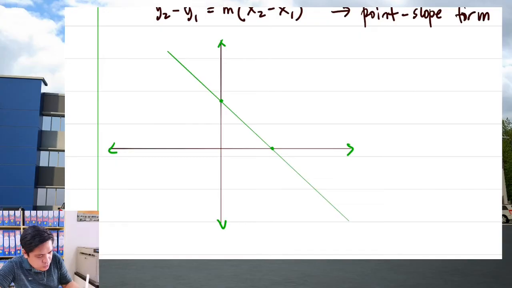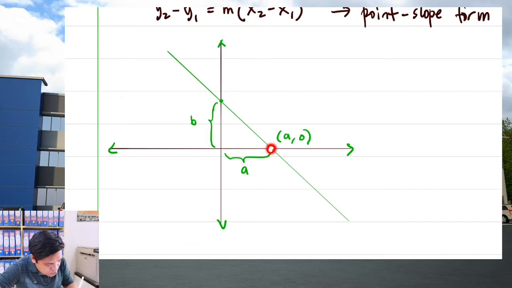So, suppose this distance is given by the value b, and this distance is given by the value a. Describing this point. Okay? So, how about this point? That would be 0 sa x, pero meron tayong b sa y. Okay? So, hindi siya nag-move sa x, pero nag-move siya above. Hindi siya nag-move sa y, pero nag-move siya with respect to x.